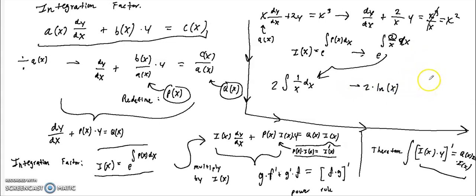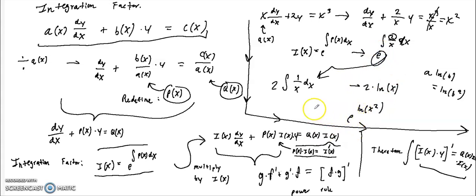And we have our logarithm rules where a times ln of b actually just equals ln of b to the a. So we can actually just say this is ln of x squared. And don't forget about this e.